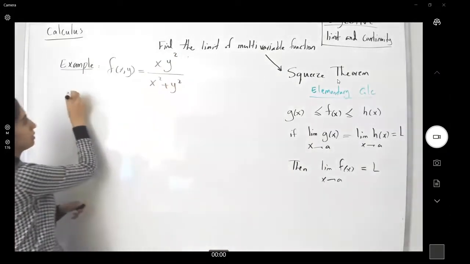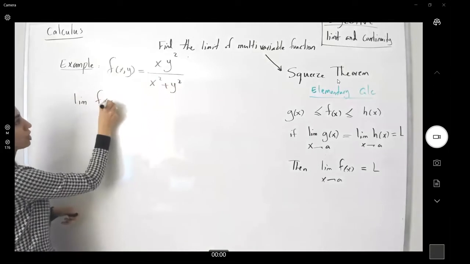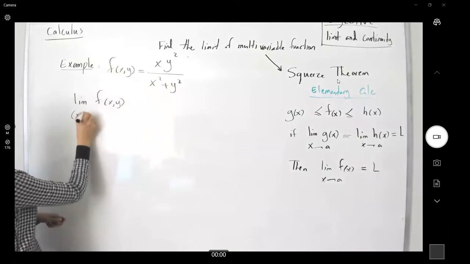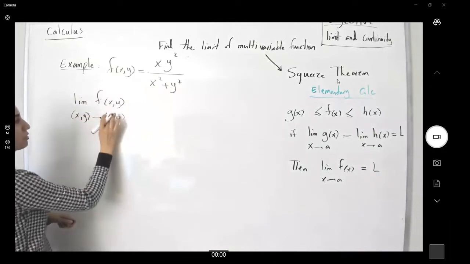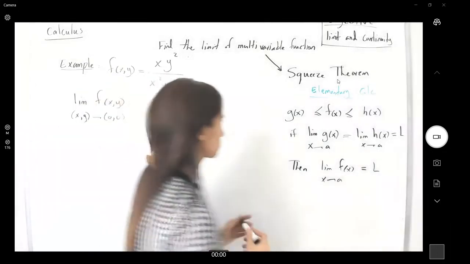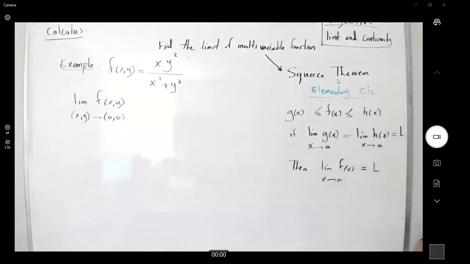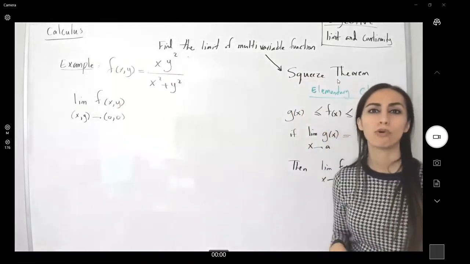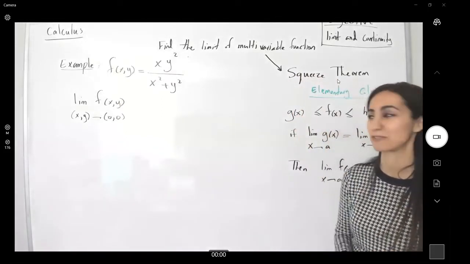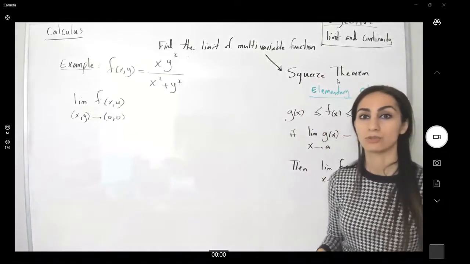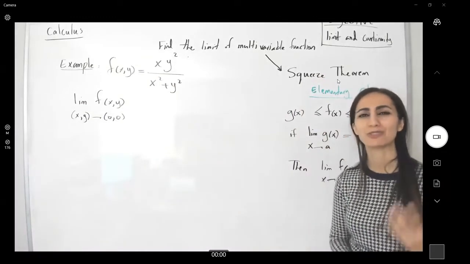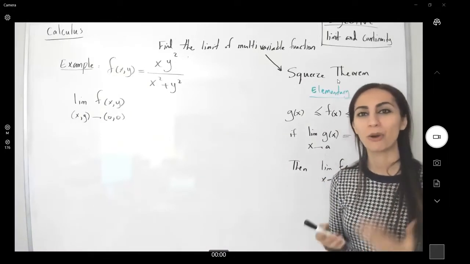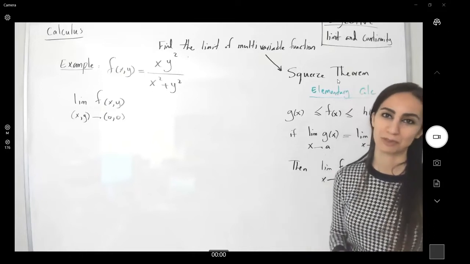The question says, find the limit of this function at the origin, x and y going to 0 and 0. Direct substitution gives us 0 over 0, which is an indeterminate form. We used parameterization last week, r goes to 0, and the limit was 0.